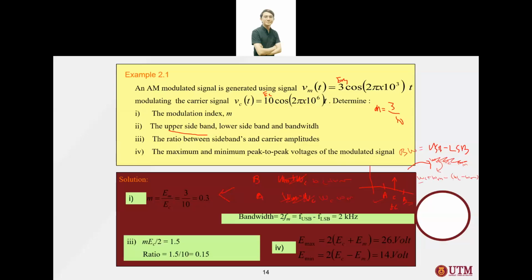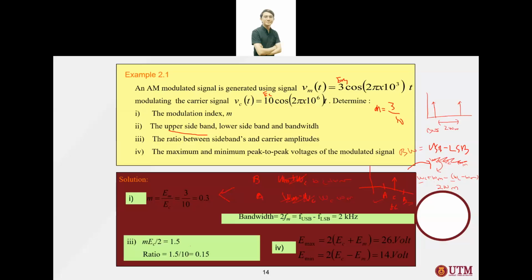Because this one is minus and minus, omega c cancels out, so you have 2 omega m. Double side bands, full carrier, so the bandwidth is equivalent to 2 omega m.